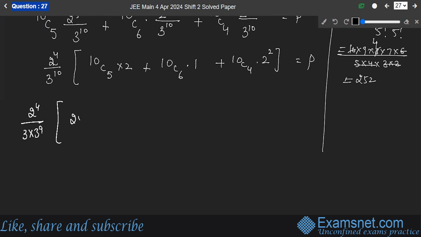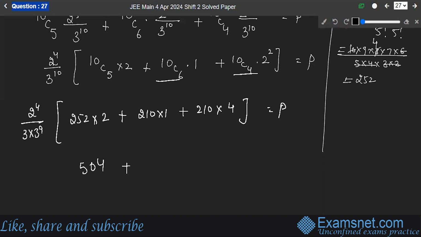And this is 252 into 2 plus 10C6, on solving, it will give you 210 into 1 plus 210. This is the same, 10C4 and 10C6 are the same, into 4 is equal to P. Or this is equal to 4, 0 and 5 plus 210 into 5.